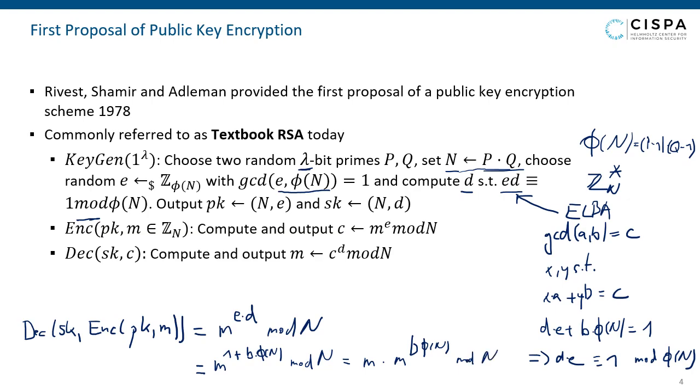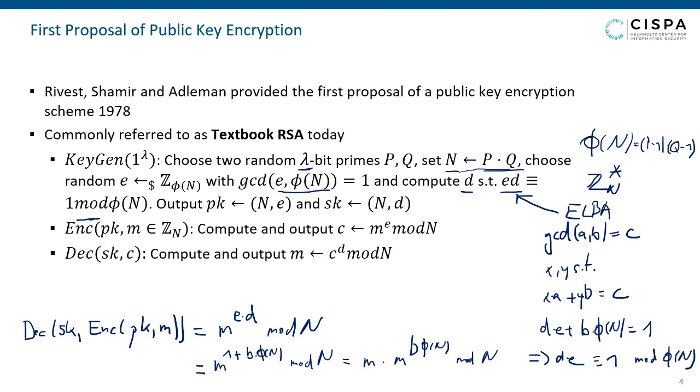But we know that in this ring Zn, if we exponentiate with phi of n, that was the theorem of Fermat, right?